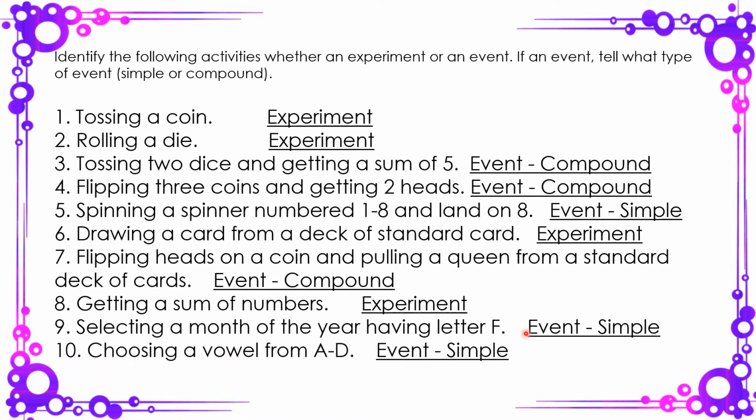And number 10, what is your answer in number 10? Choosing a vowel from letters A to D. Okay, very good. The answer here is a simple event, because we have here the possible outcomes A to D, and the vowel from choosing letters from A to D, we have a possible outcome of 1 only.